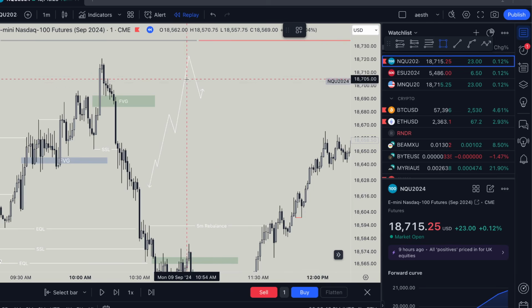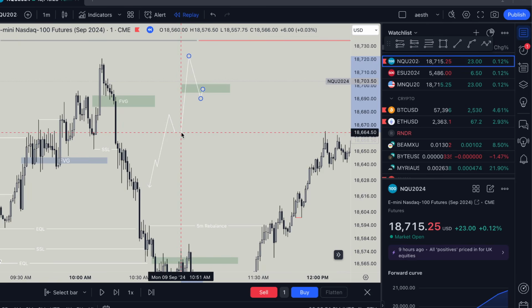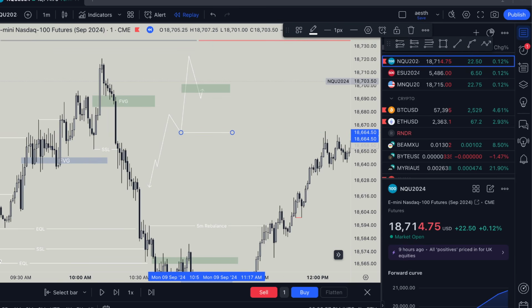Let's say we're looking for shorts here. The inversion is right here. This is our internal low right here. This is usually where we break even, or TP1 if we have a 1-to-1.